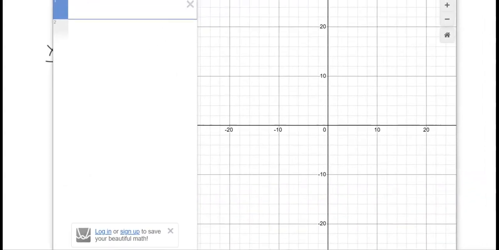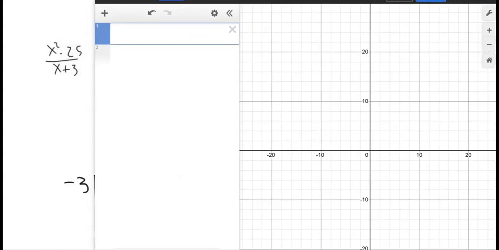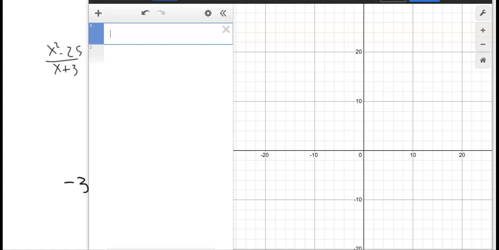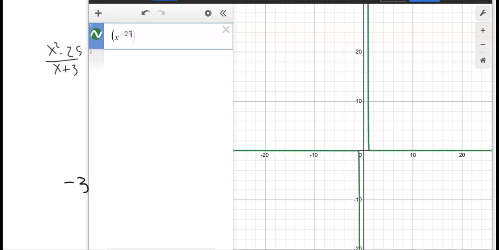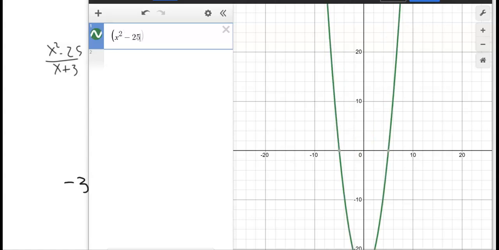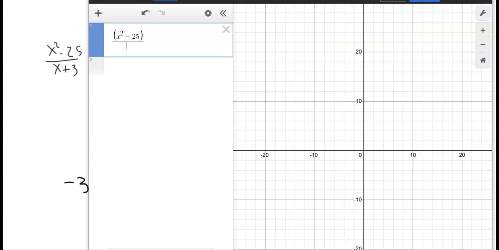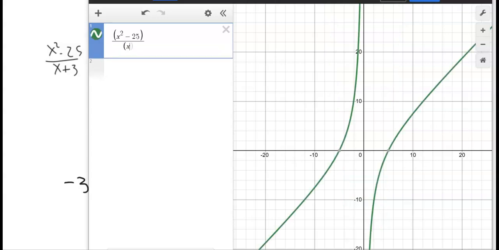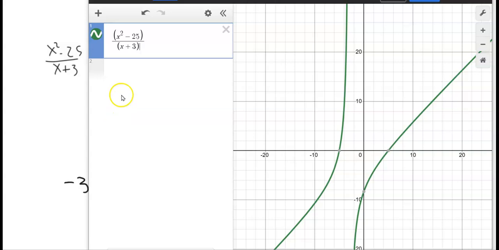Let's take a look on Desmos implications for that. So our equation is x squared minus 25. That's being divided by x plus 3. Whoops, I'll get that on here actually in a way that works. X squared minus 25. That's being divided by x plus 3. There's the actual shape.